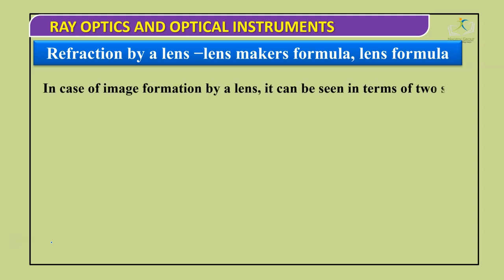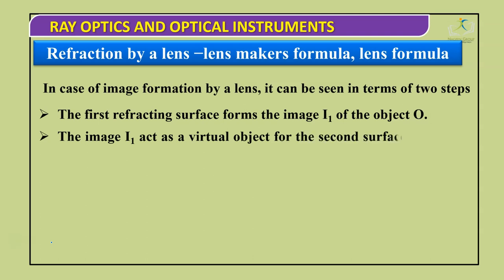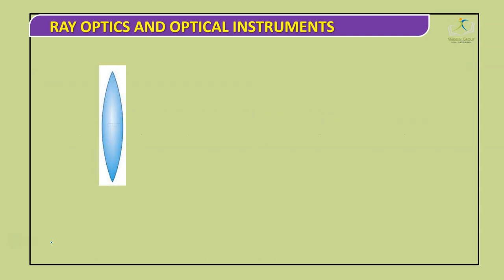In the case of image formation by a lens, it can be seen in terms of two steps. The first refracting surface forms the image I1 of object O. The image I1 acts as a virtual object for the second surface, which forms the final image.